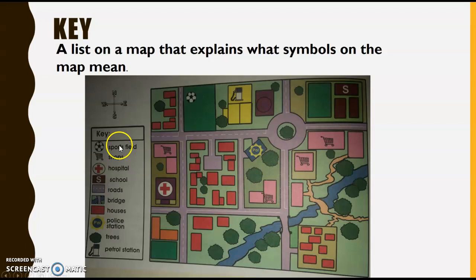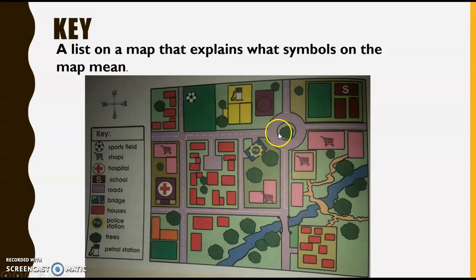So instead of me trying to figure out what that POL means, I quickly run to my key and I find out that the POL means police station. There's also lots of red little blocks around this map. They're literally all over the place, and I don't have to figure out what they are. I can go to our key and I will know that they represent houses in this community.